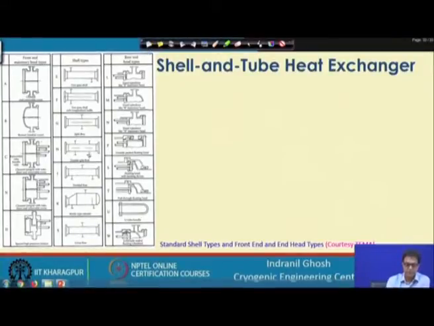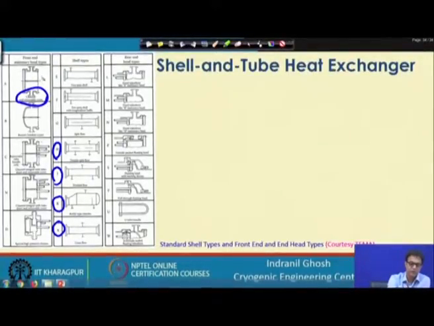Similarly, you have double split flow, we have the divided flow, we have the kettle type, and we have the cross flow. So, instead of naming them individually as double split flow or divided flow, we use these letters H, J, K, X. These are the types of shells which are in use. Similarly, as we have seen, we have the channel and removable cover.